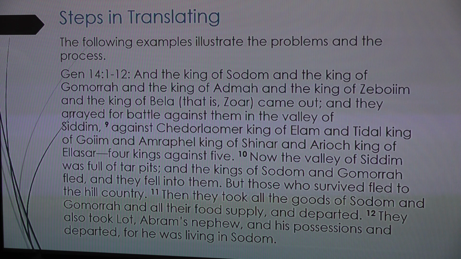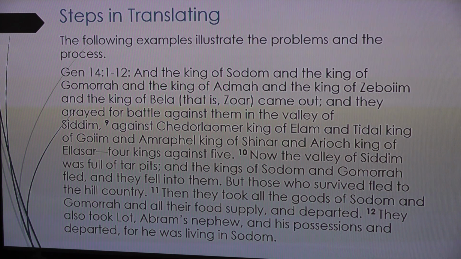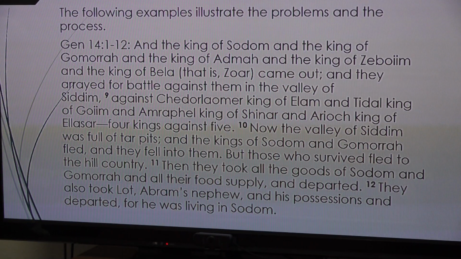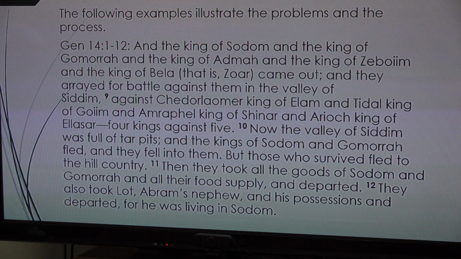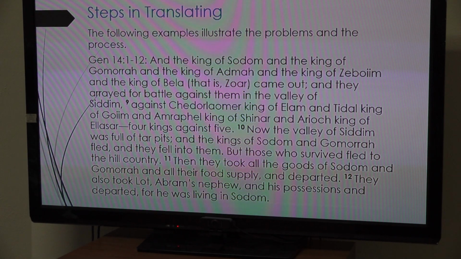But those who survived fled to the hill country. Then they took all the goods of Sodom and Gomorrah, and all their food supply, and departed. And they also took Lot, Abram's nephew, and his possessions, and departed, for he was living in Sodom. Okay, that's the whole passage.